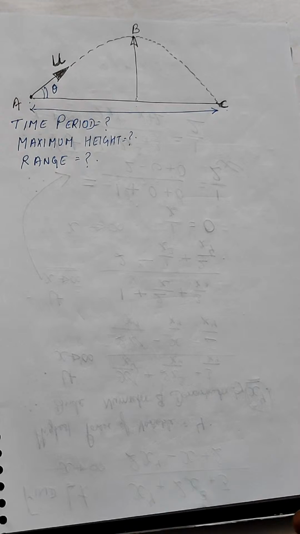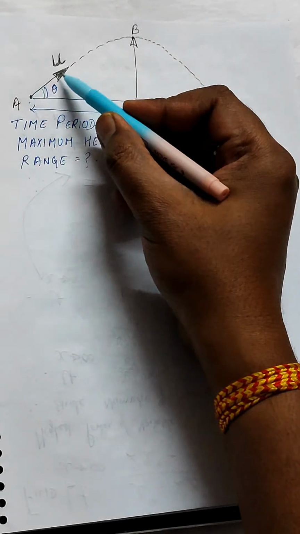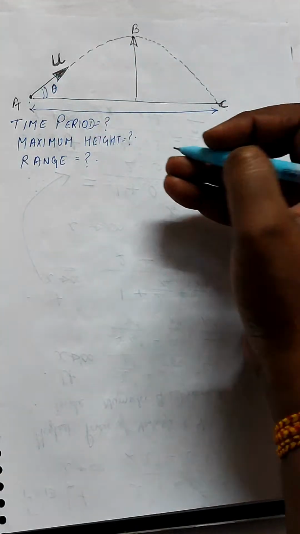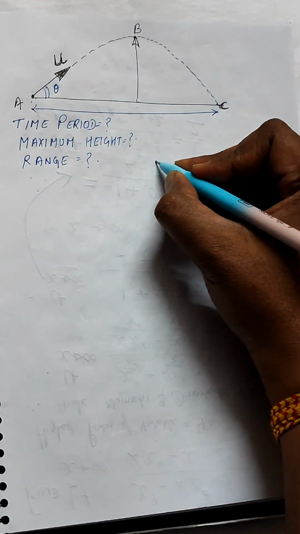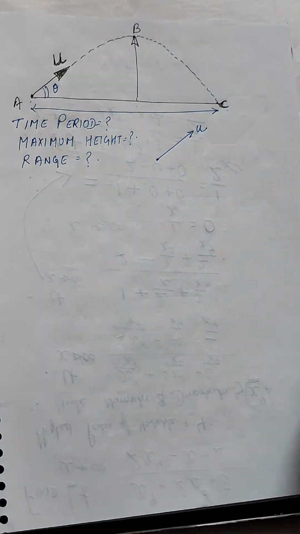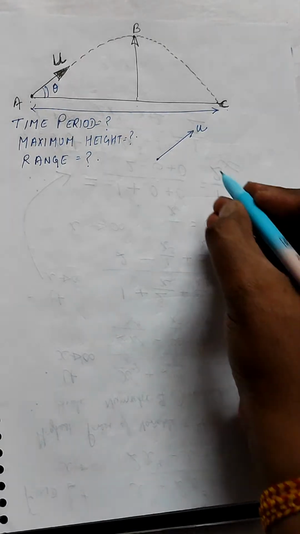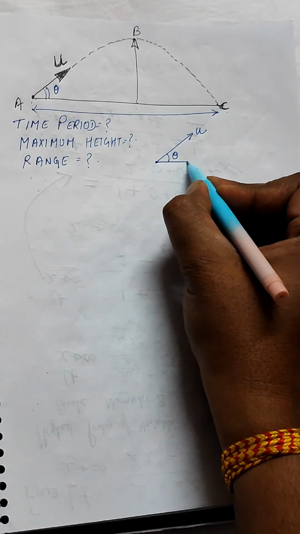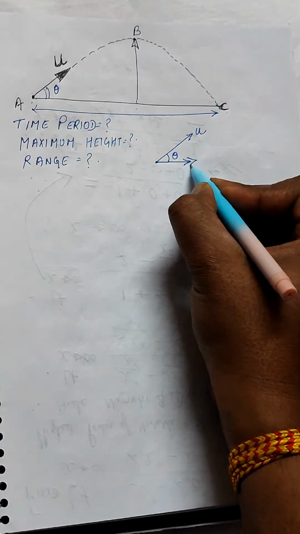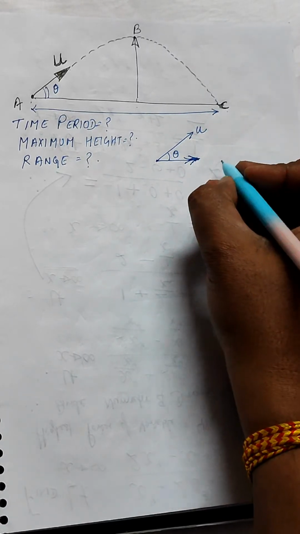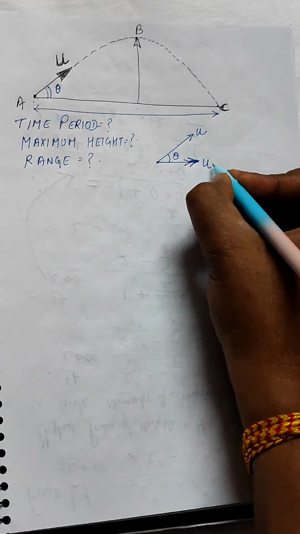So as I said, this projectile is fired with initial velocity u. If u is the initial velocity, I'm just taking the components of it over here, and if theta is this angle, then you can see the component which will act horizontally is u cos theta.